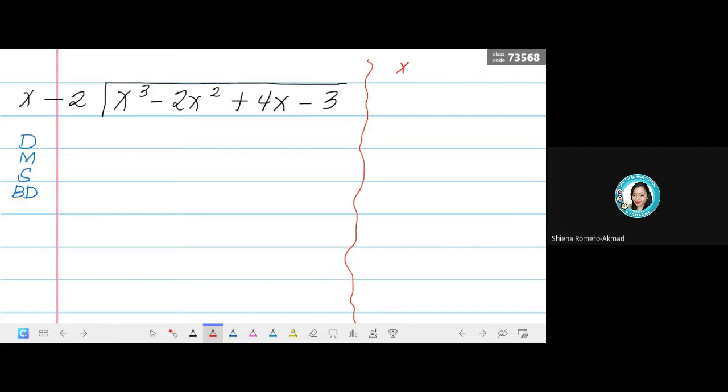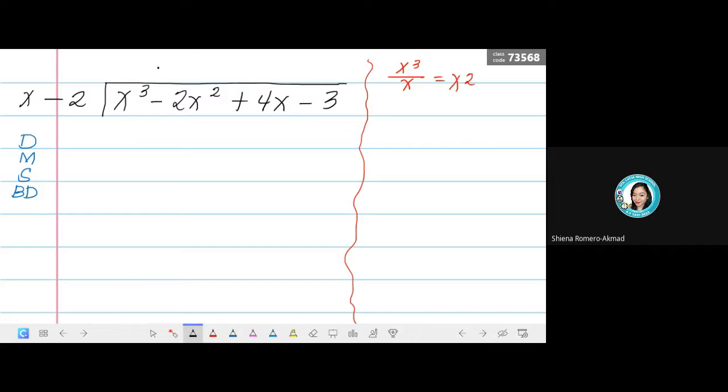So, x cubed divided by x is equal to, what is our answer? Type your answer sa ating in-call messages. X cubed divided by x is x squared, correct.